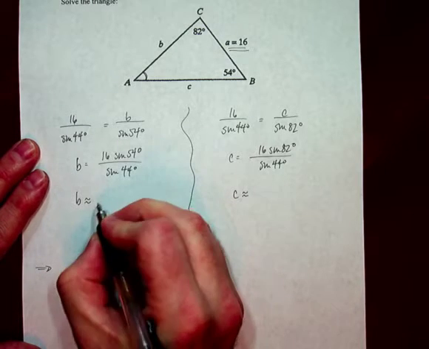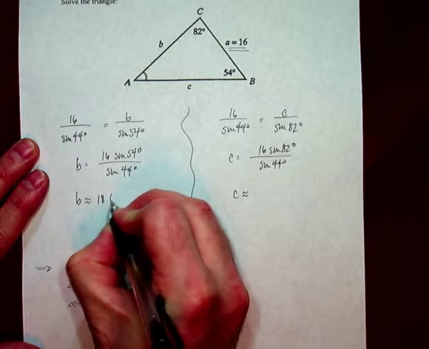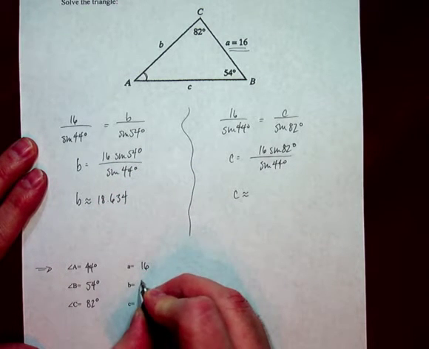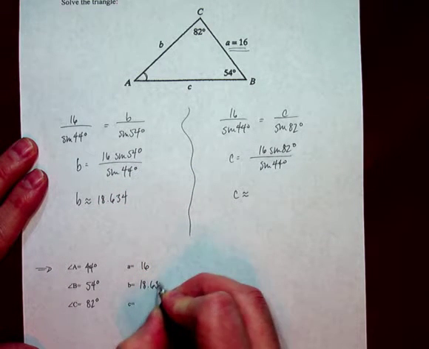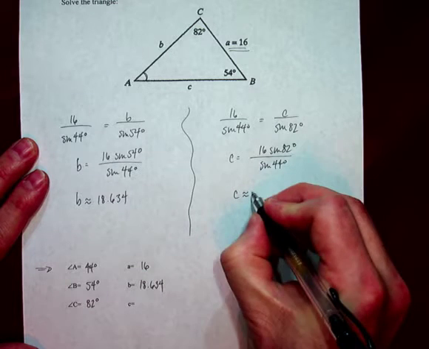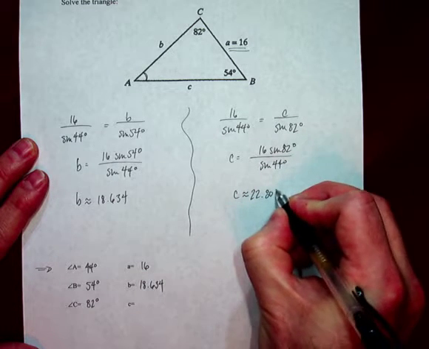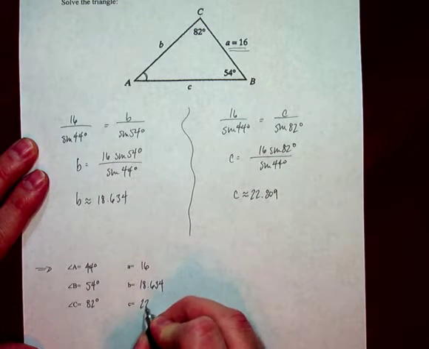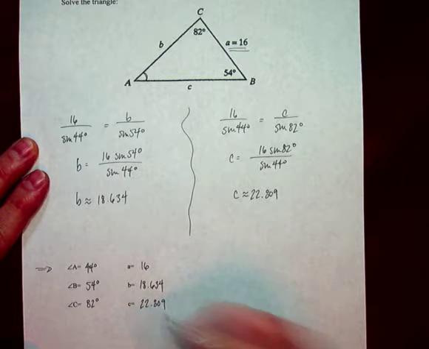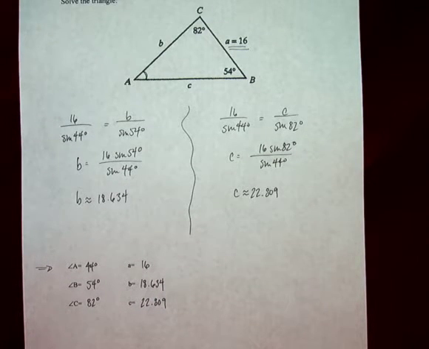So B is 18.634, and C is 22.809. Again, always to 3 decimal places. Always, always, always. And so this basically winds up getting pretty predictable as long as we have no problems thrown into it, okay?